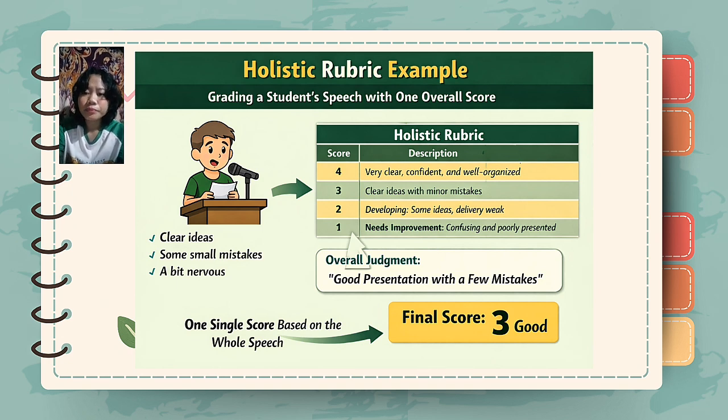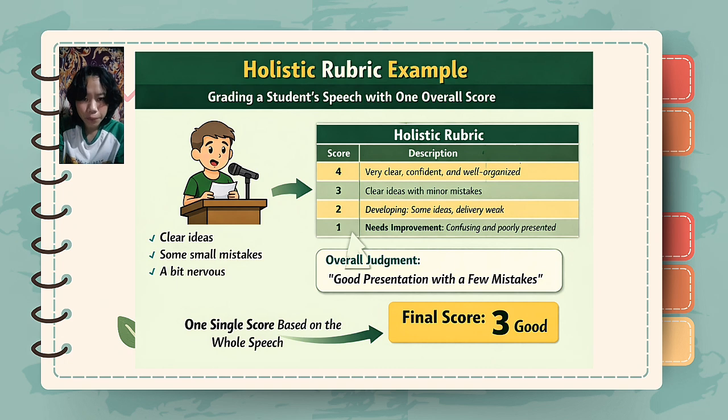And then the rubric contains different score levels, okay? So, let's say for example, level 1 to 4, okay? And each level describes the overall quality of the performance. Okay, so check the picture so that you understand what I mean.